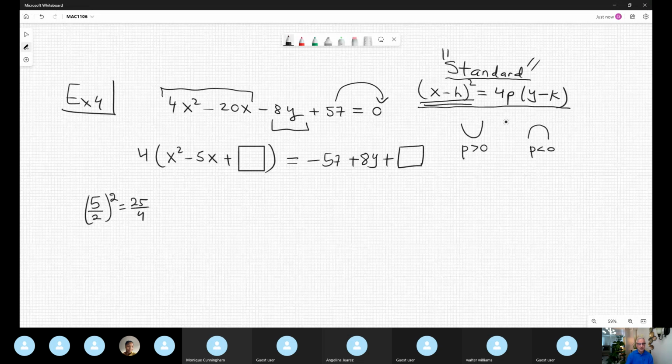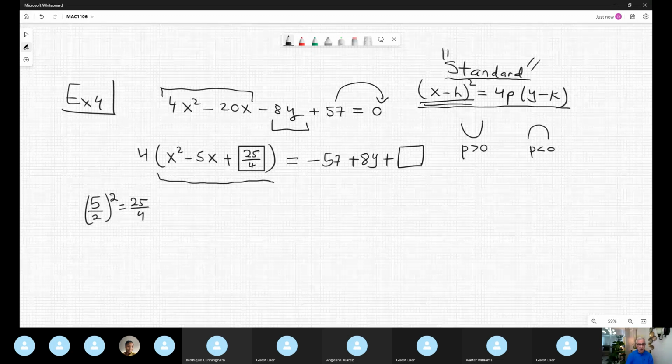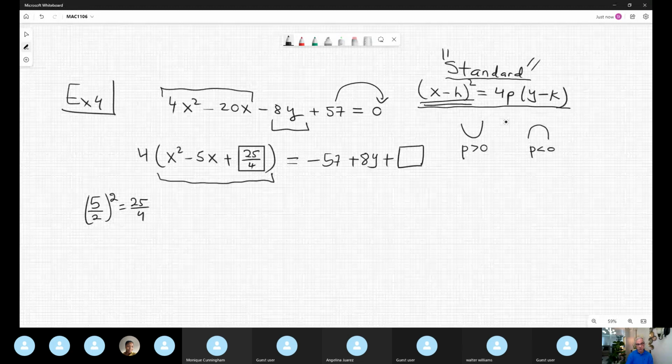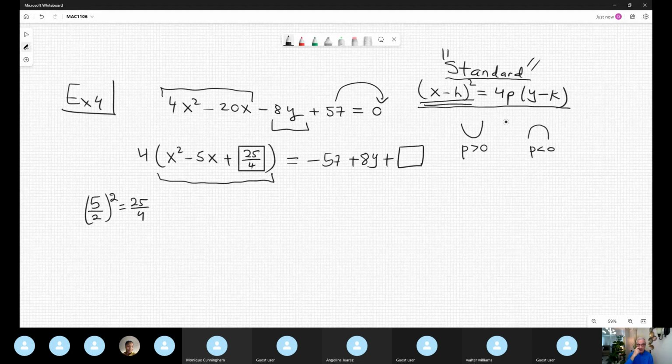25 over 4. And when you do this action, unbelievable, this trinomial converts to a perfect square trinomial, and the factorization is too easy. In order to keep the equilibrium of the equation, of course, you need to put an extra number here because I put artificially one crazy 25 over 4 on the left-hand side.